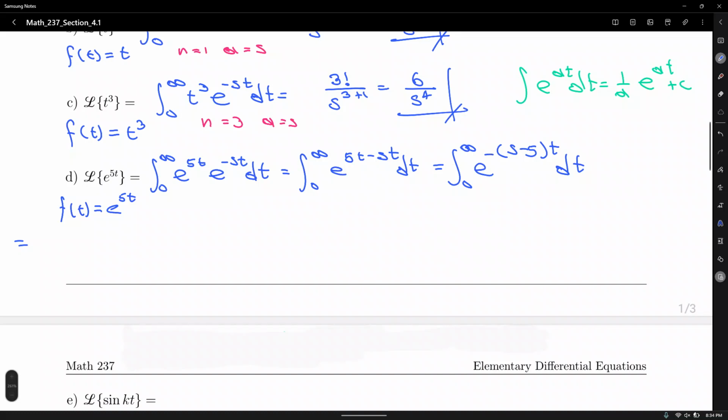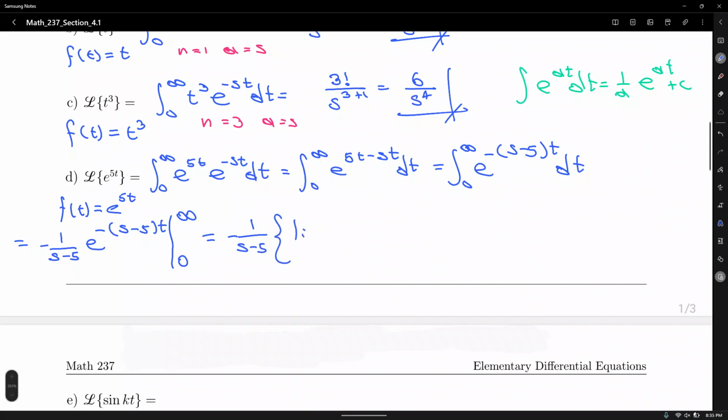negative 1 over s minus 5 e to the negative s minus 5 t evaluated between 0 and infinity. Because this integral is improper, we need to use limit notation to evaluate the integral for the upper limit. So this will be negative 1 over s minus 5, and I'm going to open curly braces here.